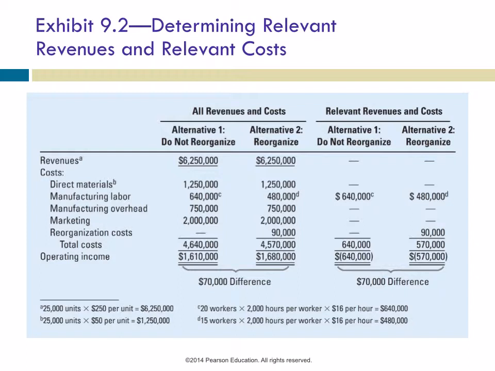So I mean, it's pretty self-explanatory. If the numbers are the same, there's no analysis to be done. If they're different, we see why they're different, how they're different, and that helps us make the decisions.